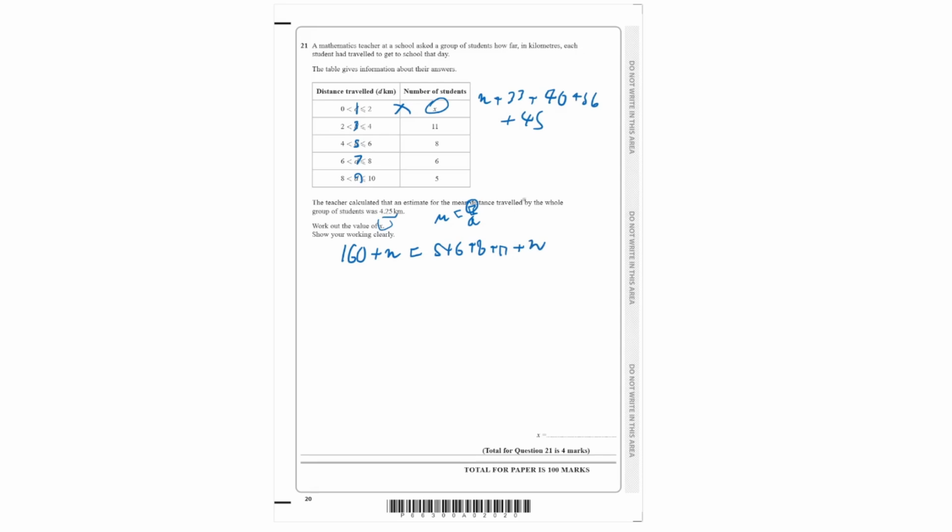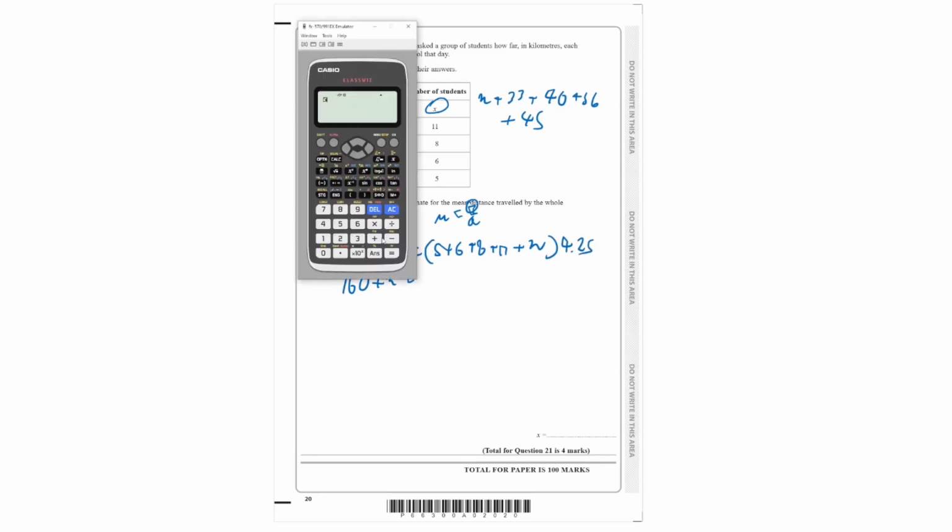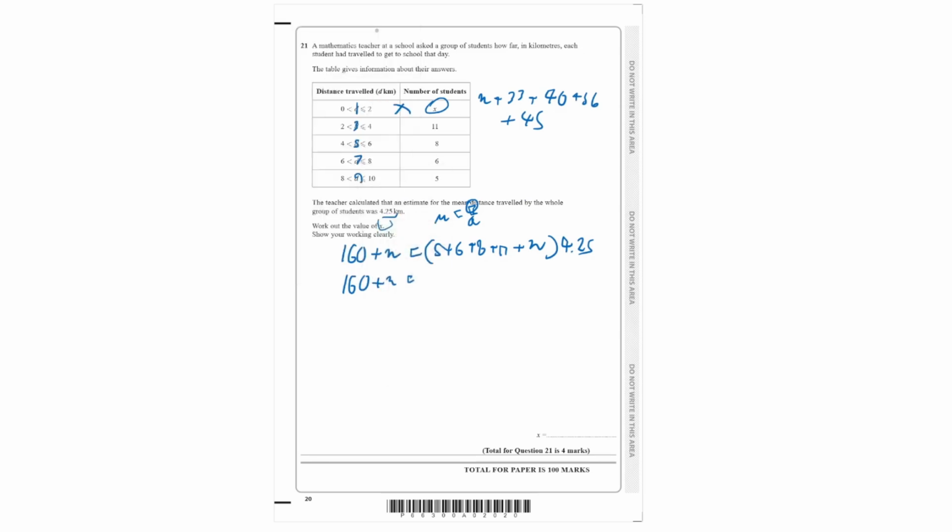Then we multiply this by the mean in order to get the total. So we multiply this by 4.25. And we can actually simplify this. 160 plus x is equal to 5 plus 6 plus 8 plus 11, we have 30, so it is equal to 30 plus x into 4.25.